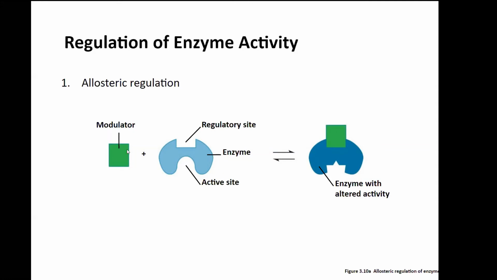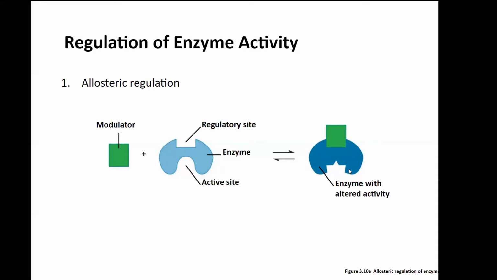And so when we have this modulator bind into the regulatory site during allosteric regulation, we can see in this simplified diagram that it's changed the shape of the active site. So here, the fact that we had this different chemical bind onto the enzyme in this regulatory site is affecting the active site of that enzyme, which means it's also going to affect the activity of that enzyme.